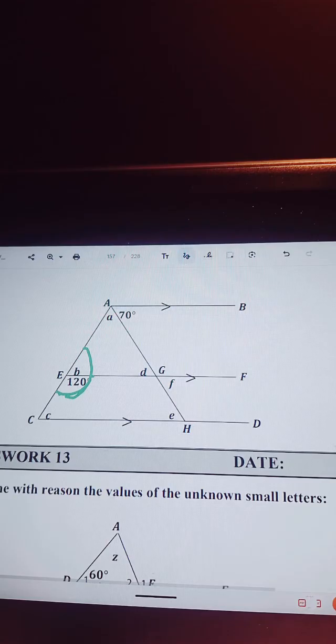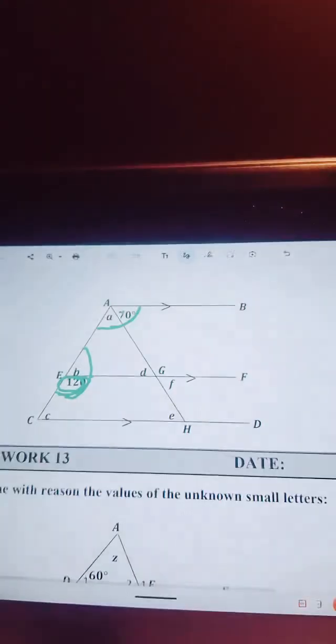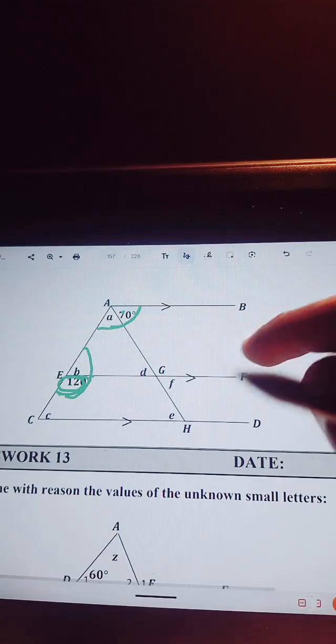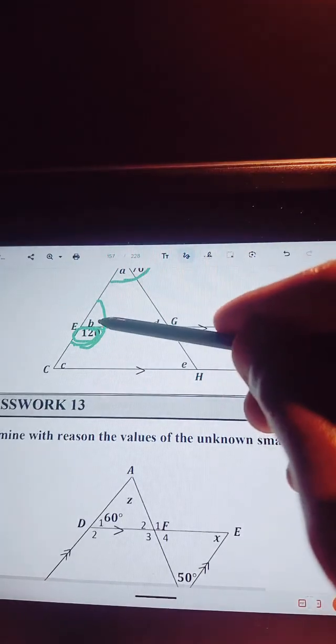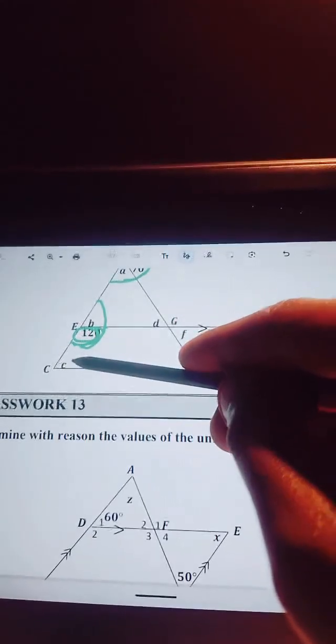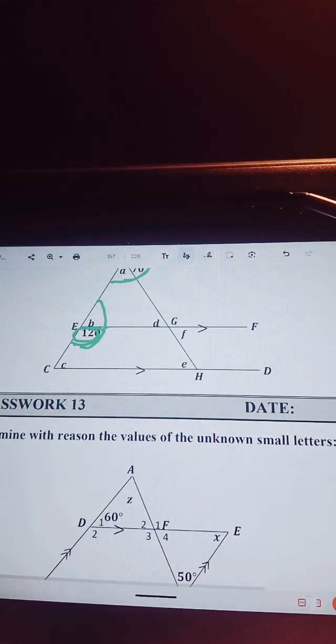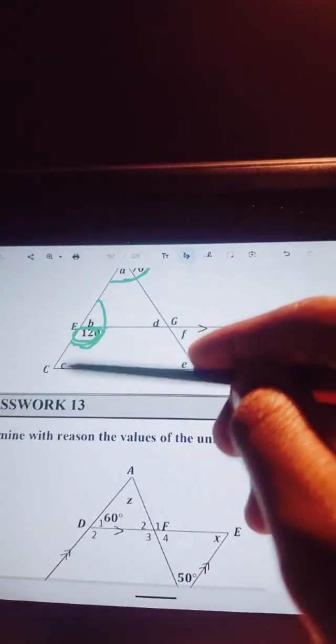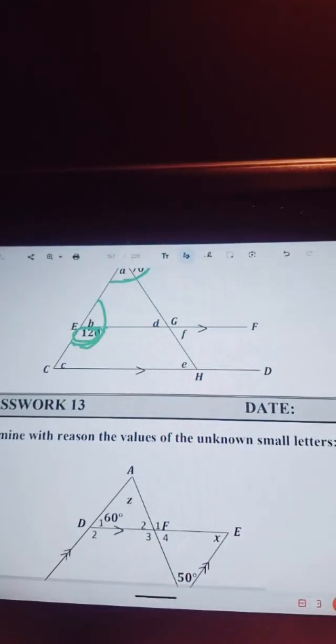Or we could take this angle, that's corresponding, to find the value of A. Or to find C, we could use co-interior angles. Or if we have B, we could use corresponding and find C. Or first find C, then B. It really depends, guys. There are so many ways to get these things.